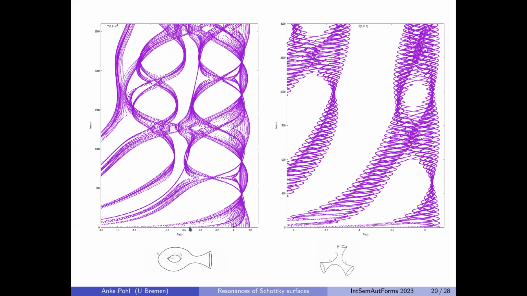So what you see here on the left is a funneled surface. This surface which you see down here, the resonances of those. Initially we had the picture here starting at 0, in this part here. And you see when you go further up and further to the left, you do see new structures.